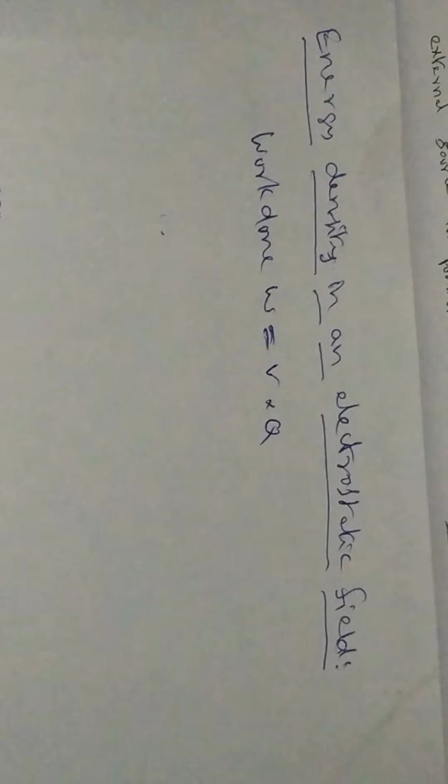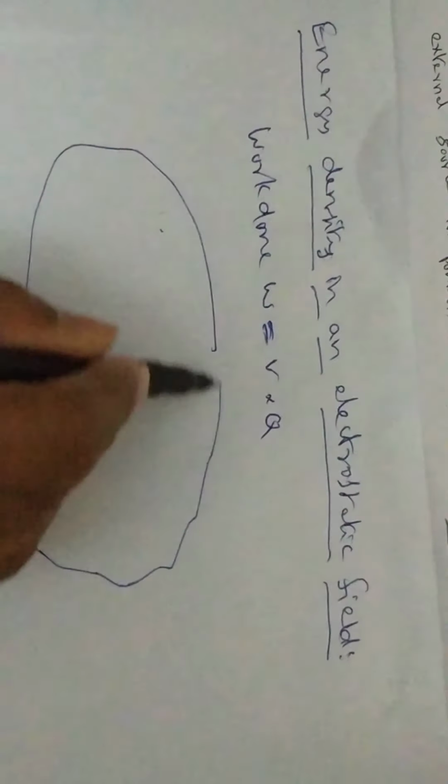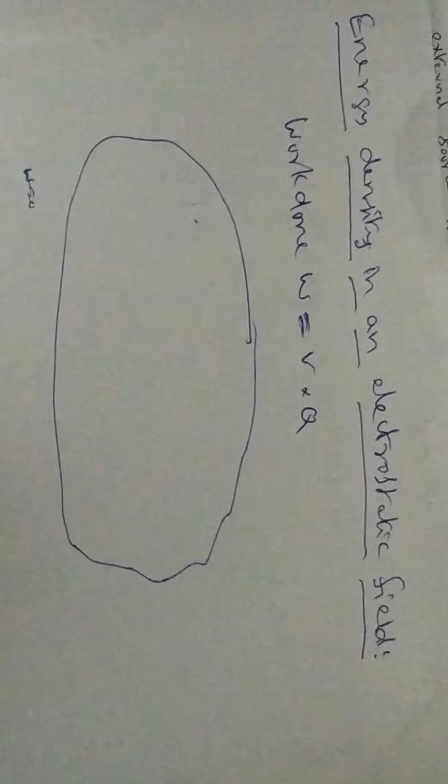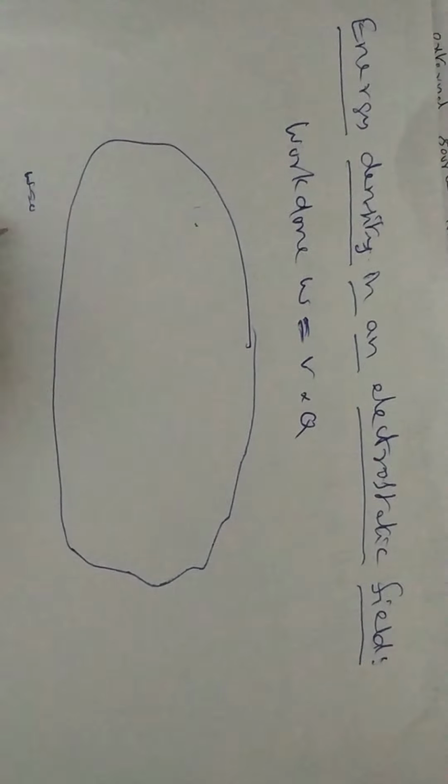How the energy density expression is derived in an electrostatic field is, first we need to consider one empty space. No charge is present at all. Now consider one charge, say it is q1, which is located at infinity distance.